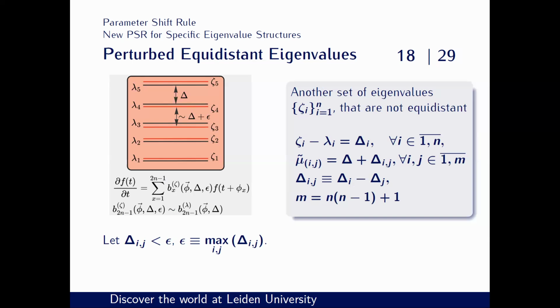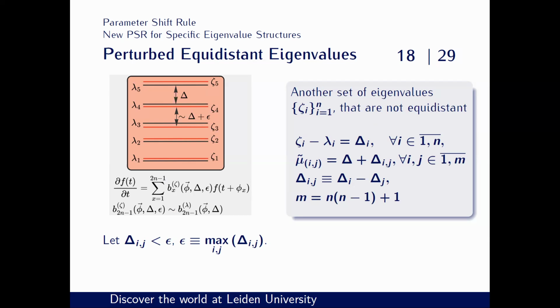So the second thing that we wanted to do is to bring a bit of noise to the stage. So we say, okay, we have another set of eigenvalues. The black ones are equidistant, for which we know the solution exactly. Now we have another set that is a bit shifted, not equidistant, just around these equidistant positions. We say that it's shifted, but not more than epsilon.